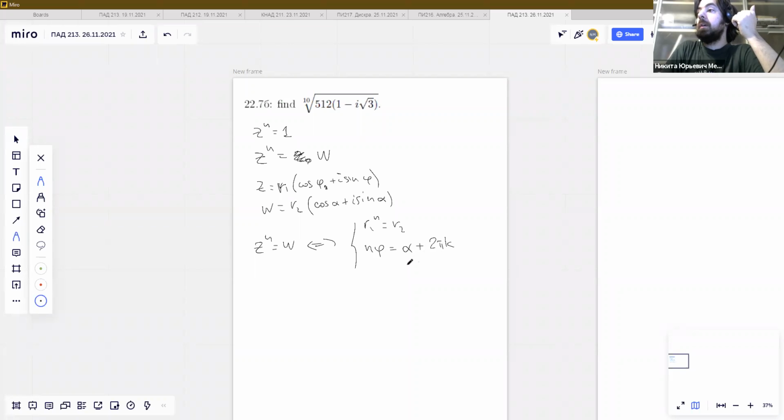Because if two angles have the same cosine and sine, they might not be equal.